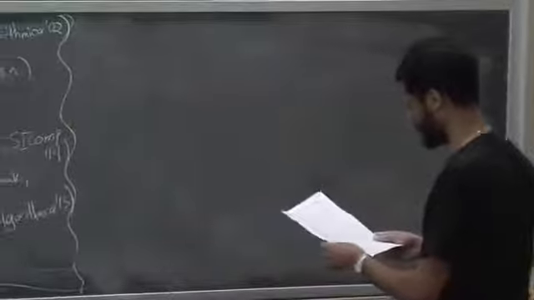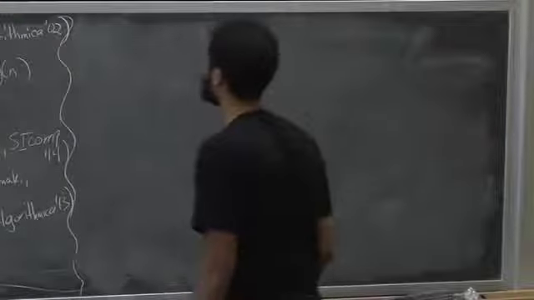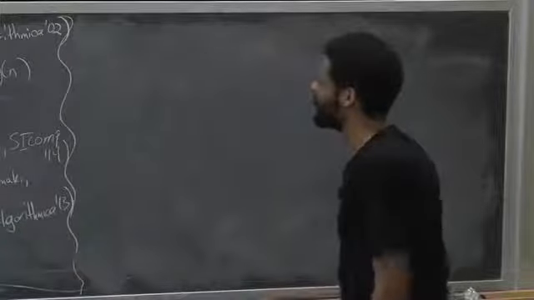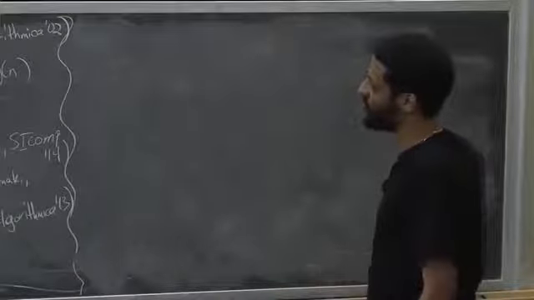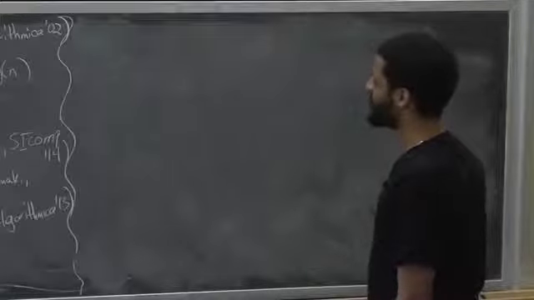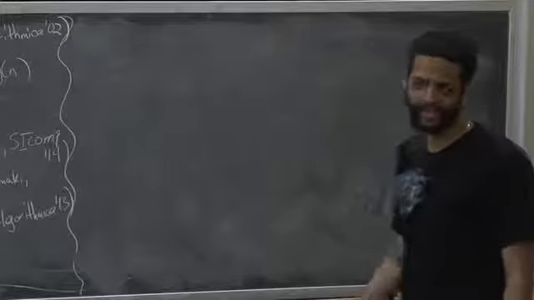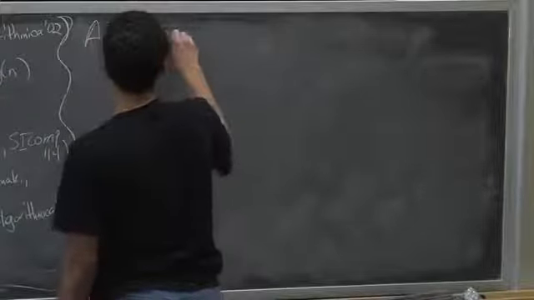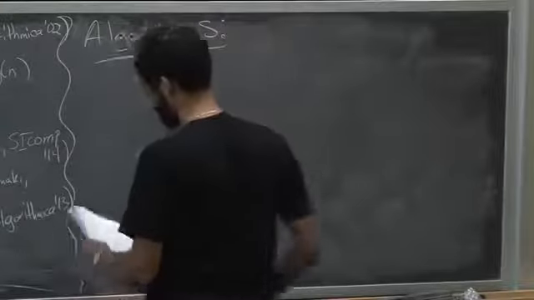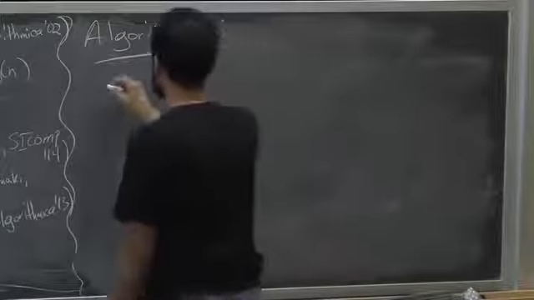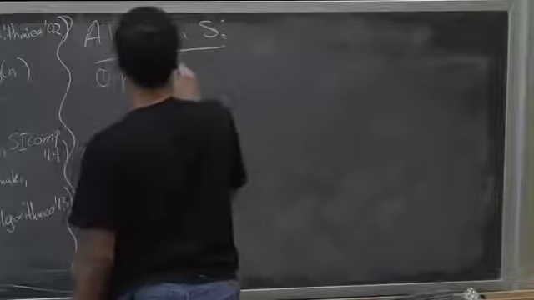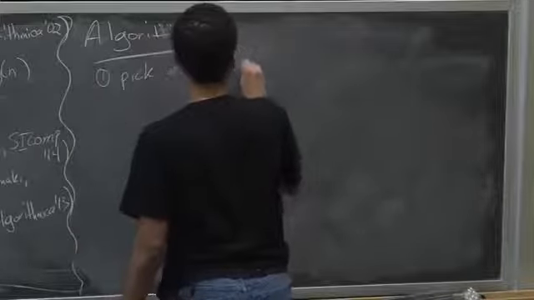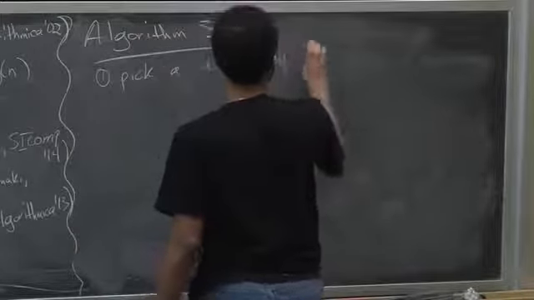Okay, so let me write down the algorithm. Before I tell you what Schöning's algorithm is, it uses the following subroutine, and then once we have the subroutine, the algorithm is basically run the subroutine lots of times. So let's call it algorithm S. 1, pick A uniformly at random.